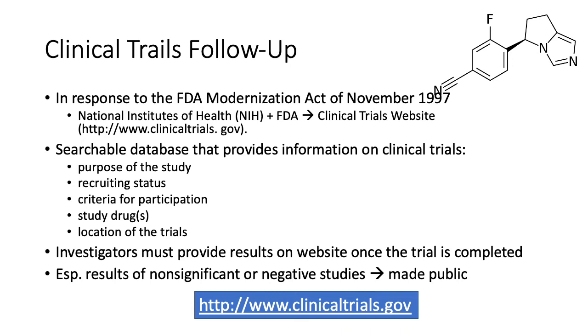The investigators are mandated to provide the results on the website once the trial is completed, and especially if the results were negative, meaning that adverse effects were noted or there were no significant outcomes of the study, they should be published on the website and made public.